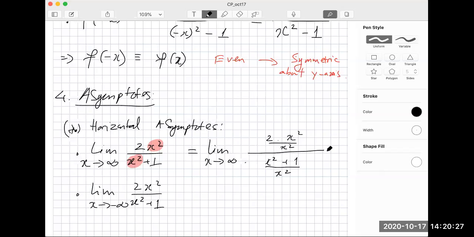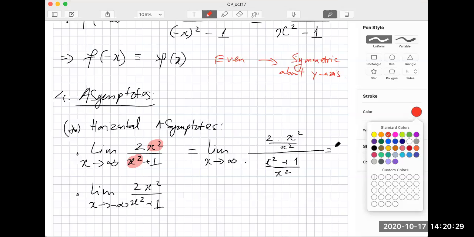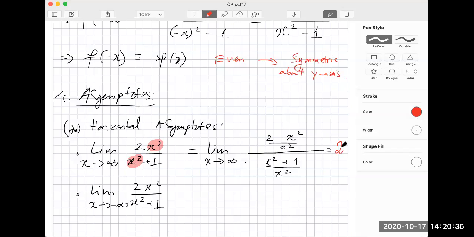Then it gives us the limit of this will be, review it. Okay, is it clear now?